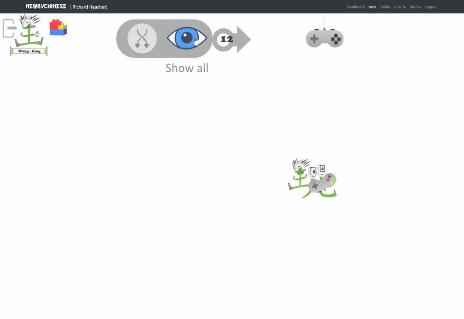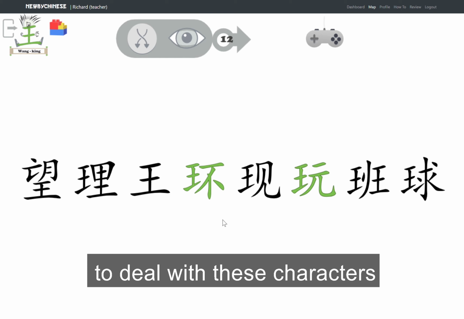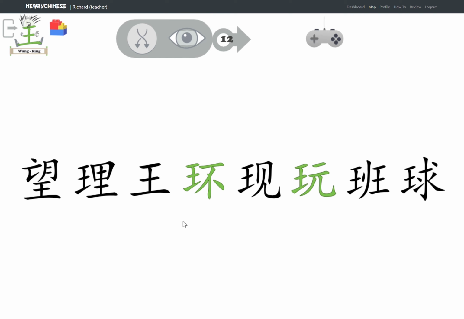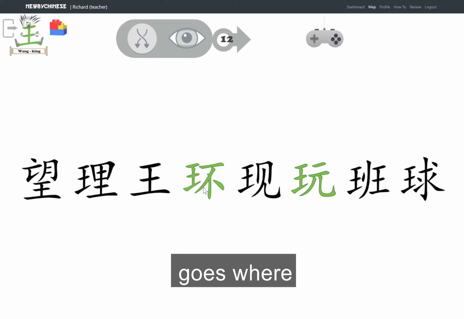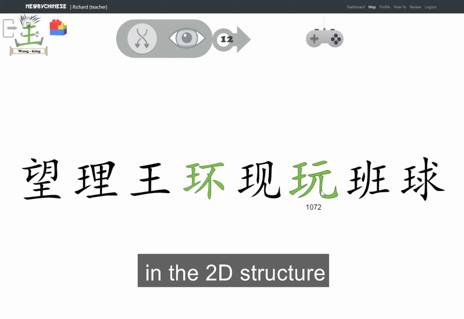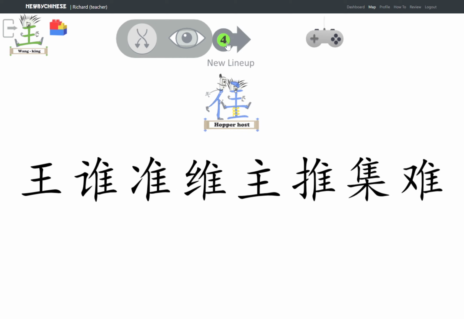Play. I'll play you. Okay, so now they have a way to deal with these characters and spot the difference, and they're trained now to see exactly which visual building blocks were where and exactly where they were within this 2D structure. Now let's go back to Fei for just a moment.